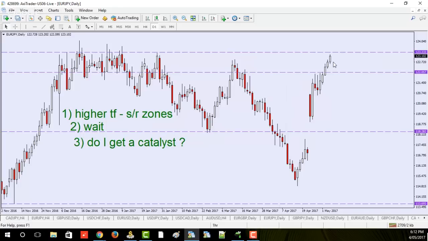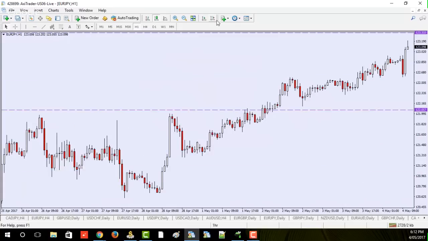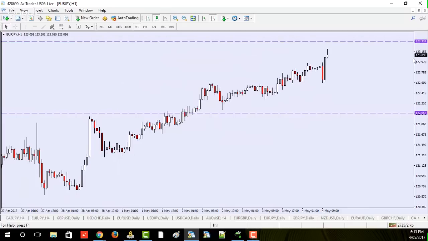That's really what naked trading is all about. And I want to be really clear on this because I think sometimes people have misconceptions about what naked trading is. To me, naked trading is all about finding the sweet spots on the chart and then waiting for the patterns.